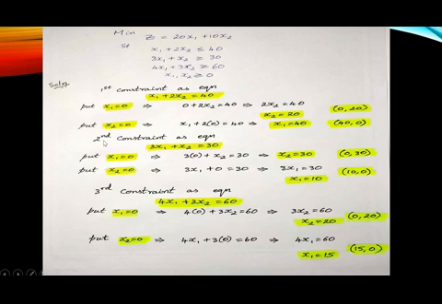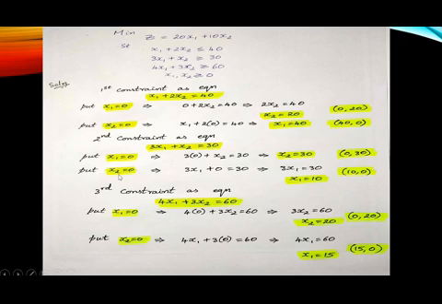Now consider the second constraint. The second constraint was 3x1 + x2 ≥ 30. Considered as an equation, it becomes 3x1 + x2 = 30. I put x1 = 0, so x2 is equal to 30. The point is (0, 30).